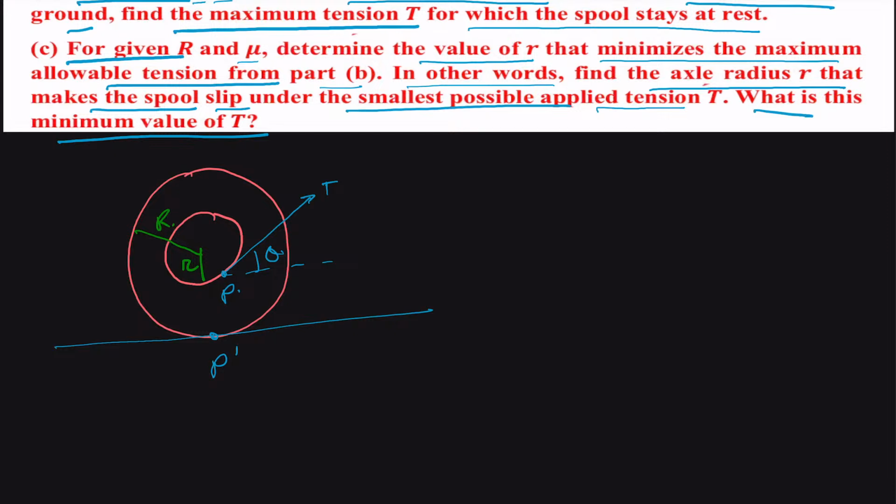So we can divide this tension into two components. This is our point P, this angle theta. So we get this as T cos of theta and we get this as T sin of theta. Okay.